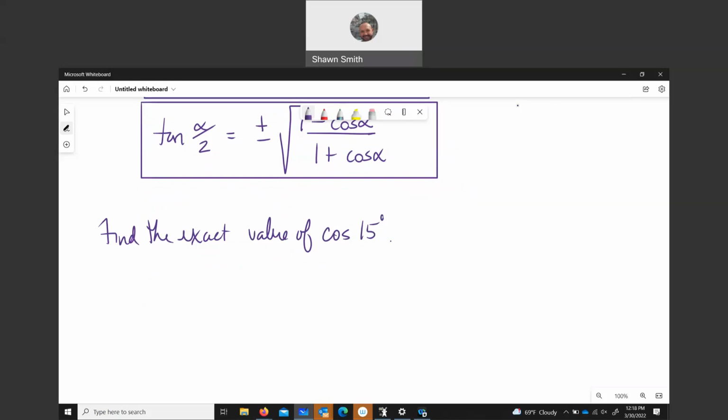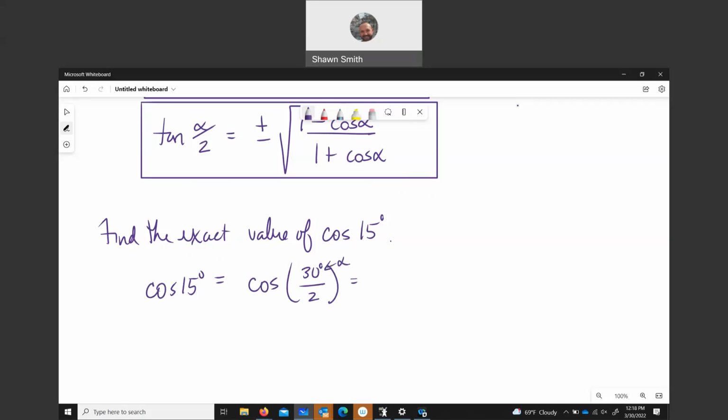So 15 degrees isn't one of our special angles, but it is half of one of those special angles, right? I'm sorry, 15 is half of 30, I should be saying. So the cosine of 15 degrees is equal to cosine of 30 degrees divided by 2, half of 30.